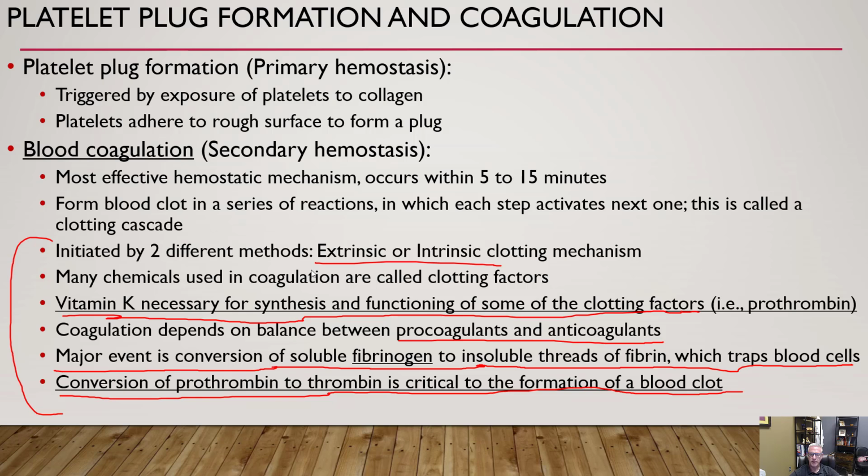Hopefully by the end of this, a lot of the clotting cascade will be less confusing, and hopefully it won't be more confusing. But this clotting cascade is something that you will need to put some time and effort into learning, because it's definitely going to be on the exam, and you will need to know it.